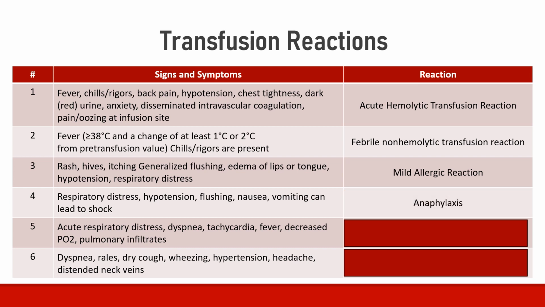This is the much more severe allergic reaction that we need to worry about. This is because of IgG antibodies to IgA or complement C4 haptoglobin. Those are a lot of big words, right? But there is some sort of IgG antibody your patient is getting in that blood product that they are reacting to, and they can go into that anaphylactic reaction when exposed to that product.